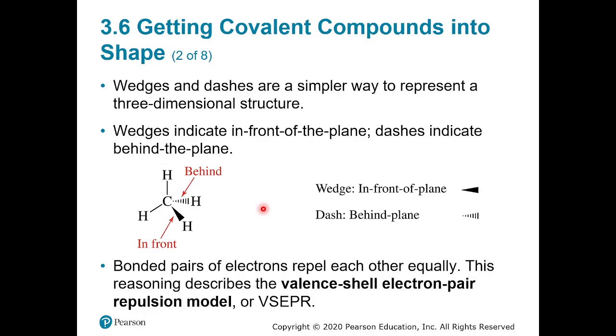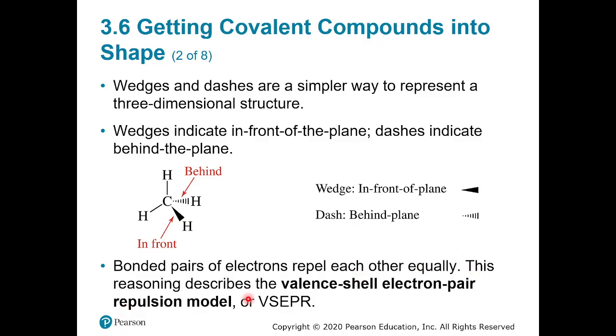Okay. All right. So the things that we are talking about are where we have bonded pairs of electrons. They're going to repel each other equally. This is actually the reasoning behind these different shapes we're going to talk about. And this is what's referred to as VSEPR, or valence shell electron pair repulsion model.